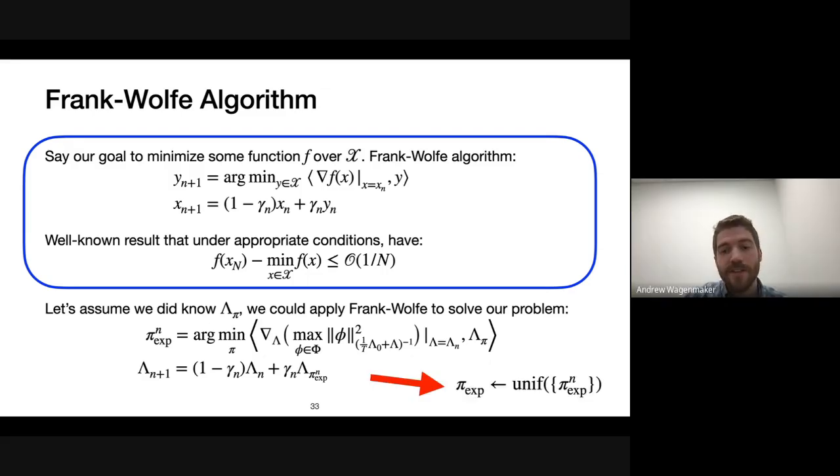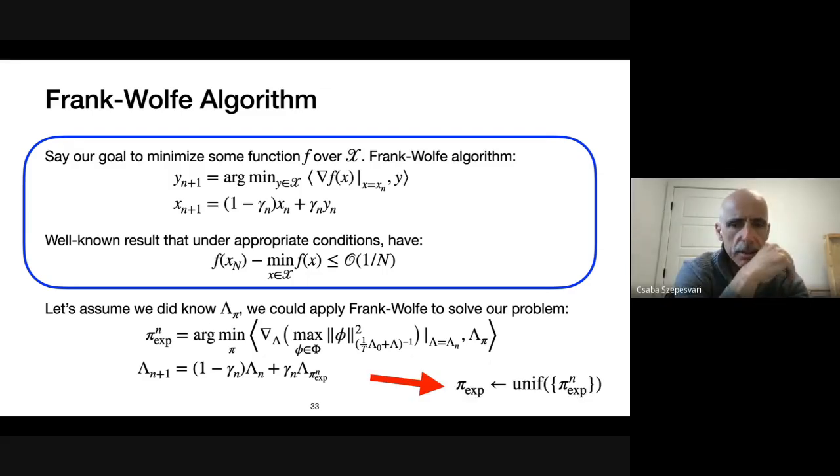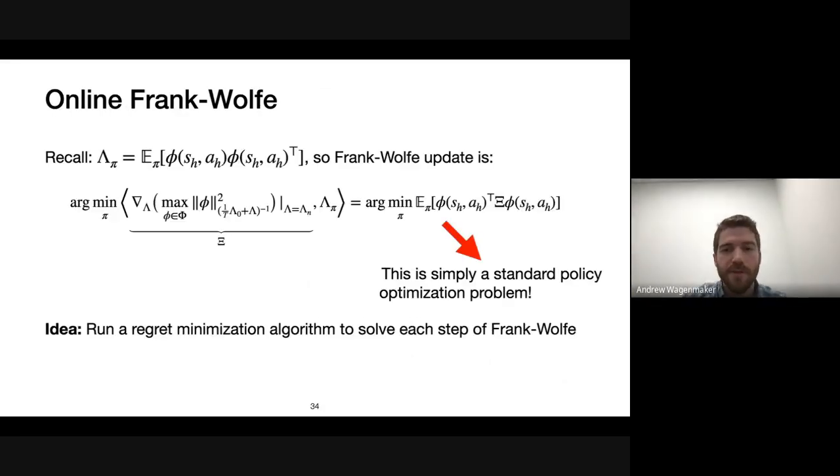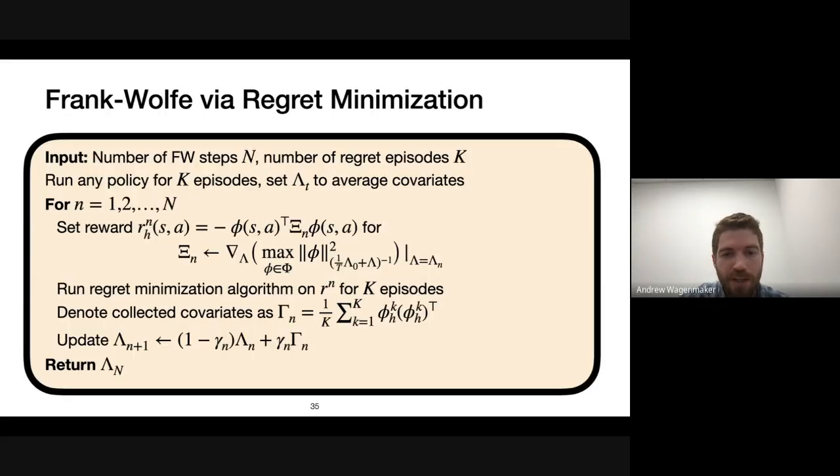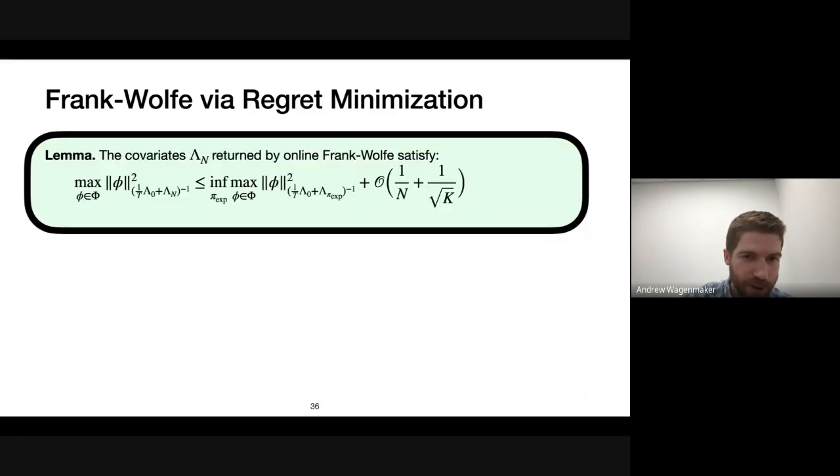So what we actually end up doing is avoiding this problem. When you actually run this, what it returns is not an exploration policy. We just set it up so it simply returns a covariance matrix, because all you want in the end is your data.